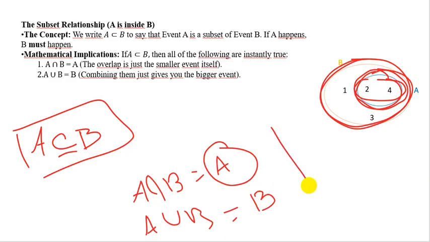So this is the rule: if A is a subset of B, the intersection of A and B is the smallest, which is A, and the union of A and B is the largest, which is B.